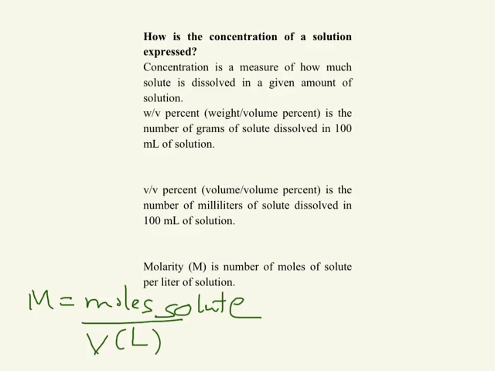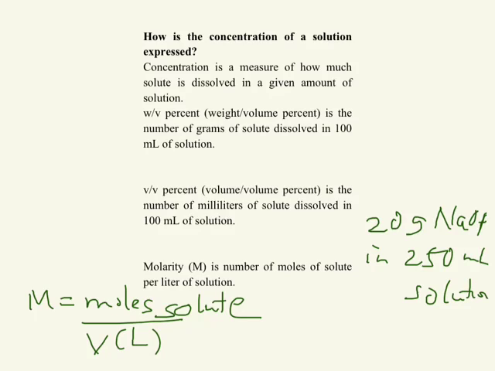So let's say you have a question: calculate the molarity of a solution made from 20 grams of NaOH in 250 ml of solution. You took 20 grams of NaOH and dissolved it in enough water to make 250 ml of the solution. What is the molarity?